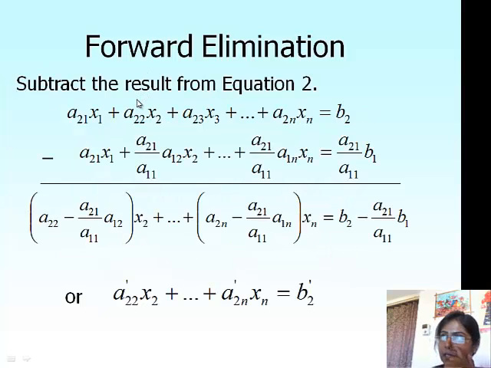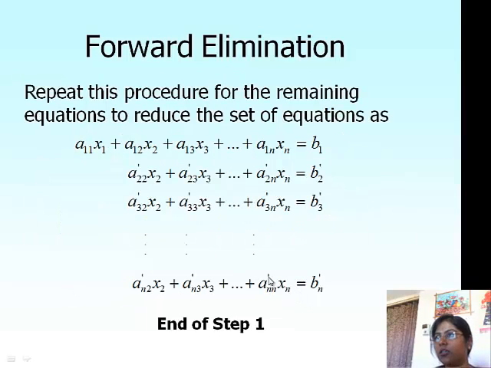If we subtract the result from equation 2, we get a22 minus a21 upon a11 into a12, whole into x2 plus up till a2n minus a21 upon a11 a1n, whole into xn equals b2 minus a21 upon a11 b1, or we can also write it as a22 dash x2 plus a2n dash xn equals b2 dash.